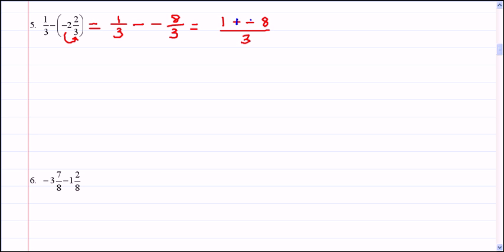If we do keep, change, change, the two signs that are negative change to positives. So that we have 9/3, and 9 divided by 3 is just 3.